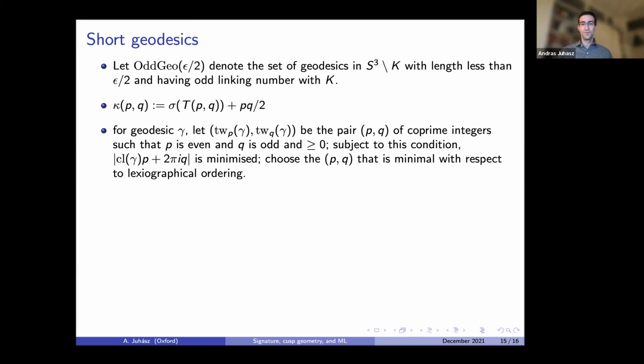So we choose a (p,q) that is minimal with respect to the lexicographical ordering if it's non-unique.